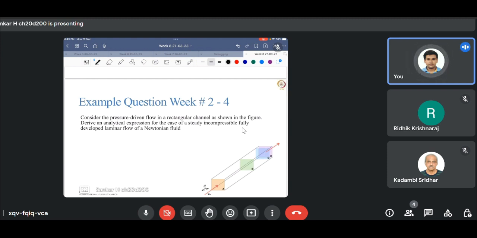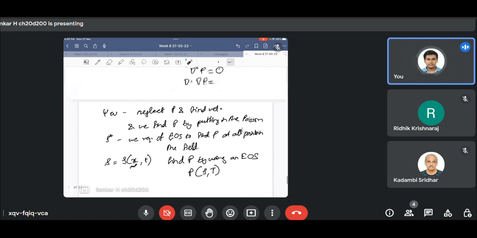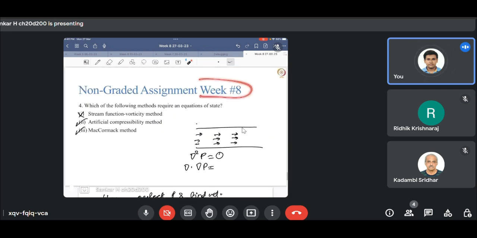This does not come in the syllabus that is being discussed, which deals with computationally or numerically solving such problems. Officially, at least, or technically, if you have any other doubts, I'll be willing to discuss. But till now, we have completed the questions that I have prepared for week number 8.